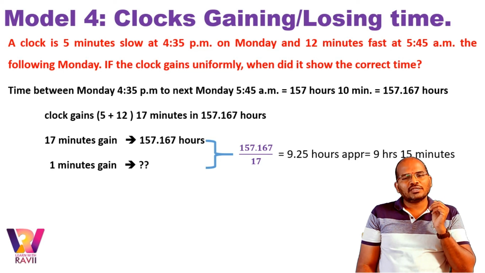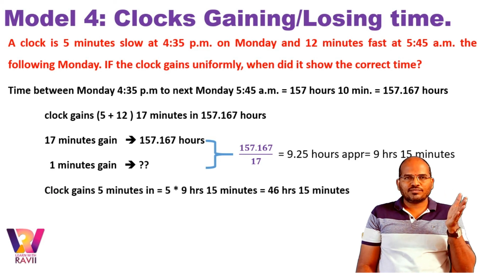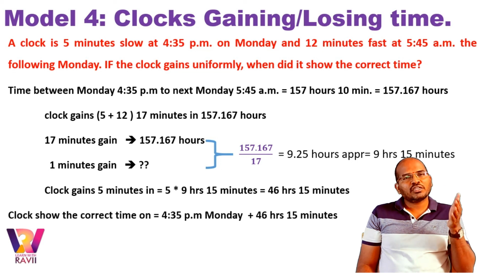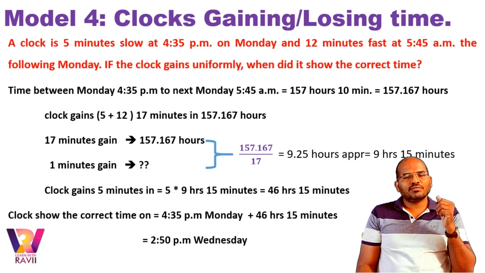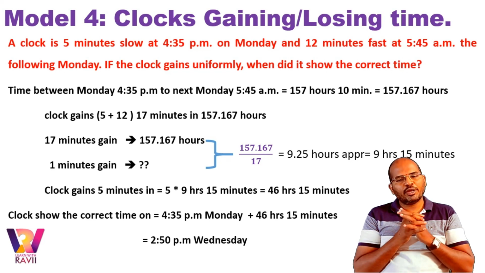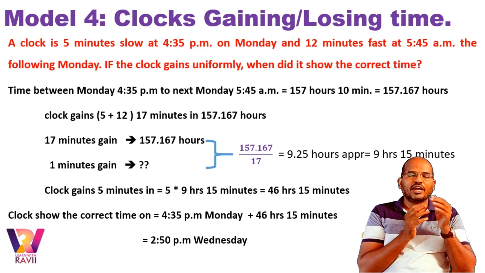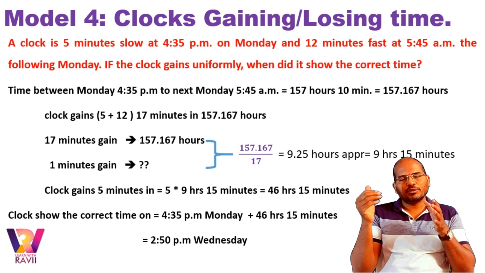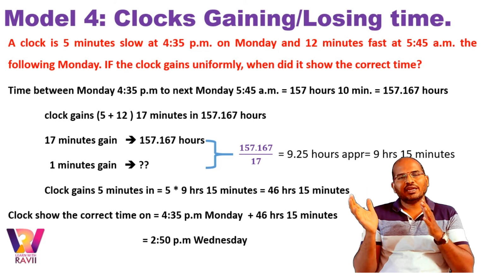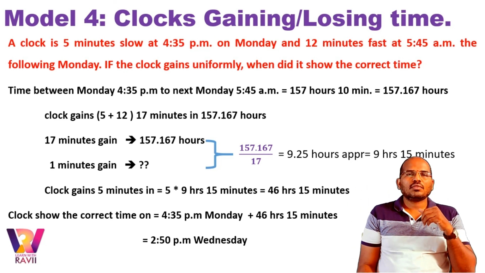So to gain 5 minutes, it takes 5 times 9 hours 15 minutes, which is 46 hours 15 minutes. So after 46 hours 15 minutes, the clock shows the exact time, that will be on 2:50 p.m. Wednesday. So this is how we calculate the problems of clocks which are slow, and then displaying the correct time.